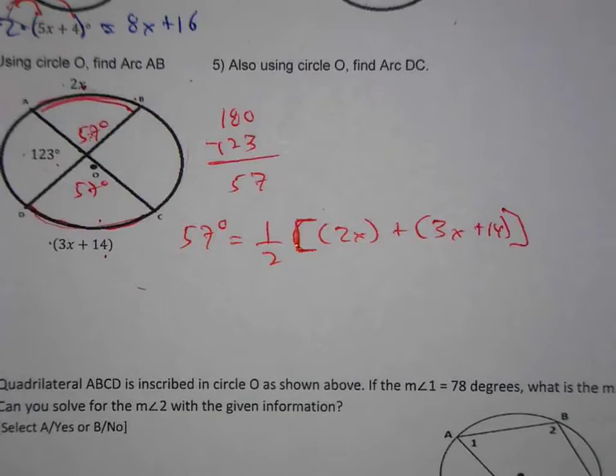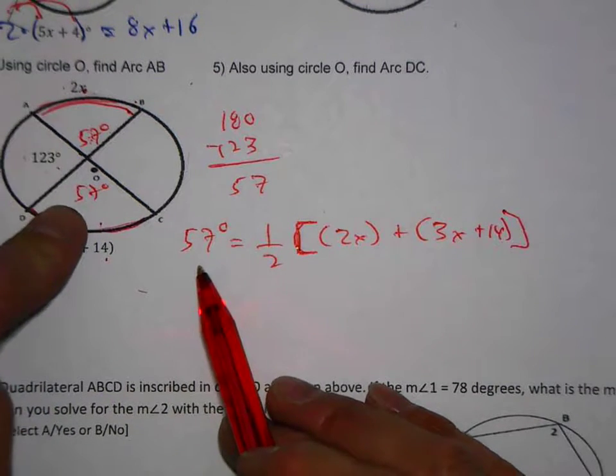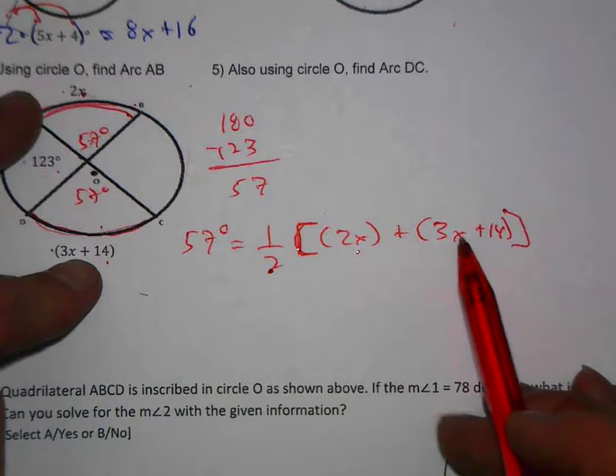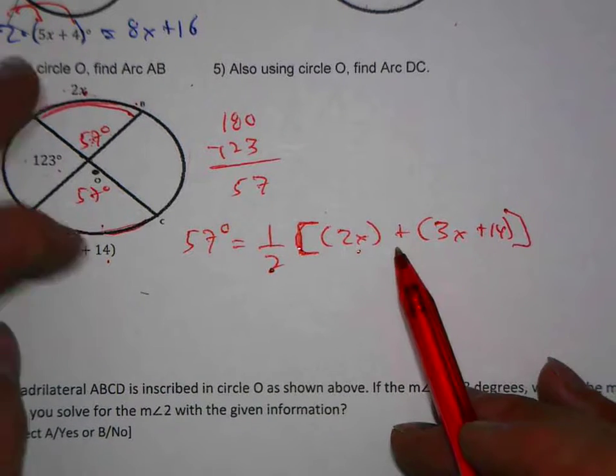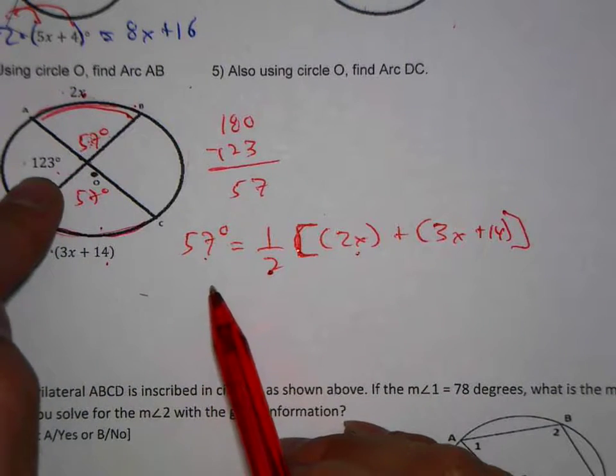Okay, so there's our equation: the inside angle is equal to 1/2 of the sum of the corresponding intercepted arcs. Make sure you use 57, don't use 123.